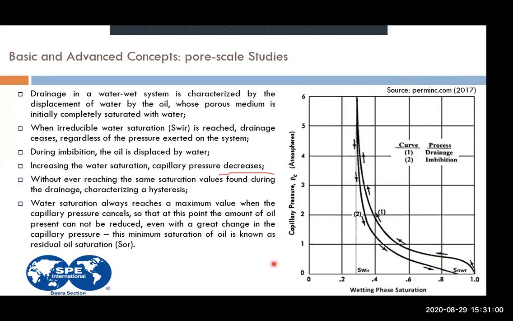So it's important to keep in mind that you can reach this saturation, but when you do the opposite and you are displacing the non-wetting phase with the wetting phase during the imbibition, you can reach a value that we call the residual saturation. And as you can see here, you never reach the same value now. So it's characterized as a hysteresis, okay?